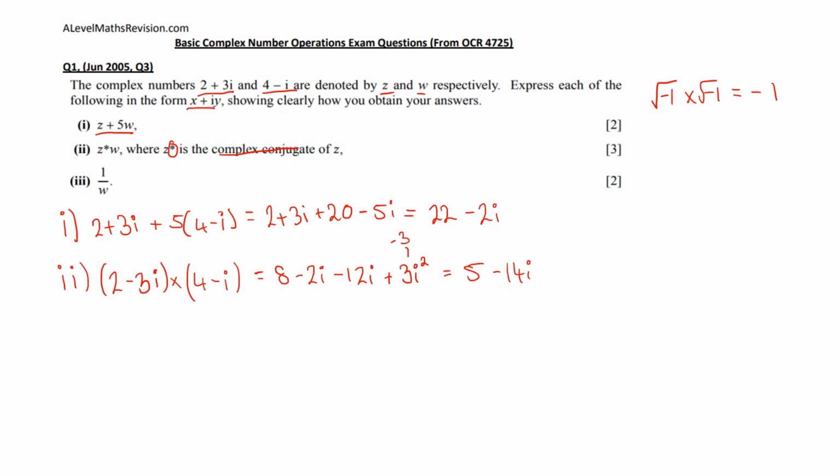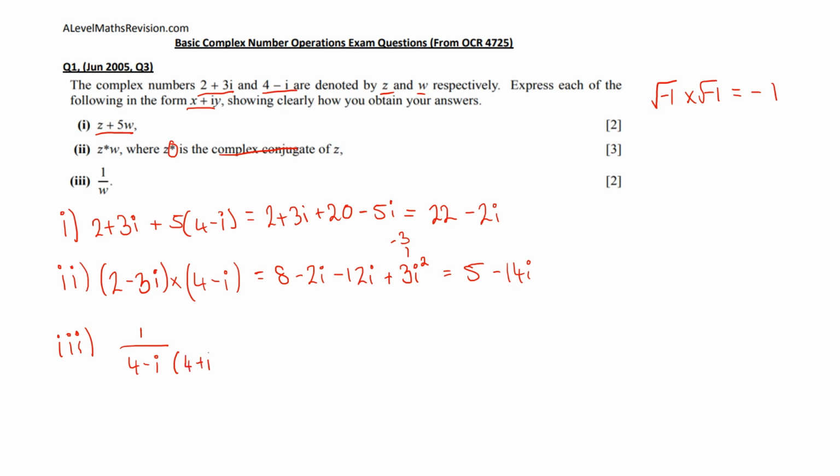Then 1 over w. So 1 over 4 minus i. This is another conjugate question. It's almost like rationalizing a complex number. If you times it by its conjugate, it's going to become real.